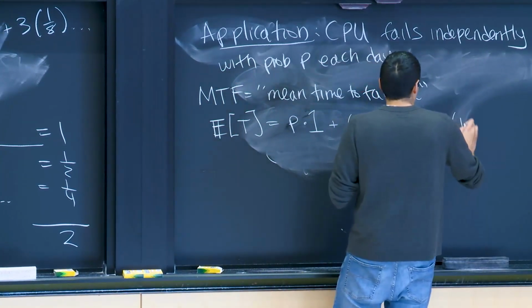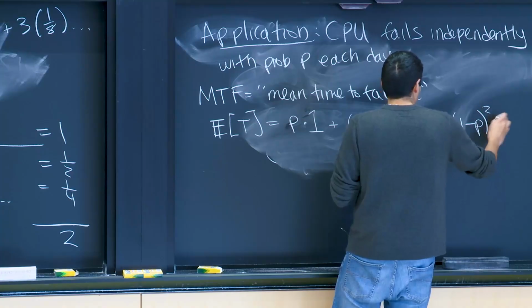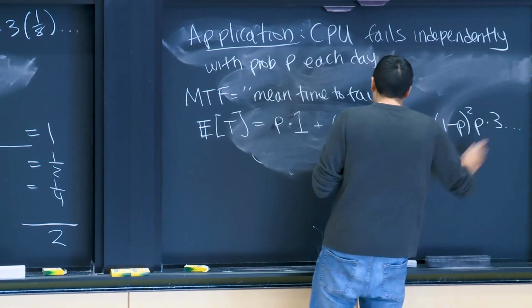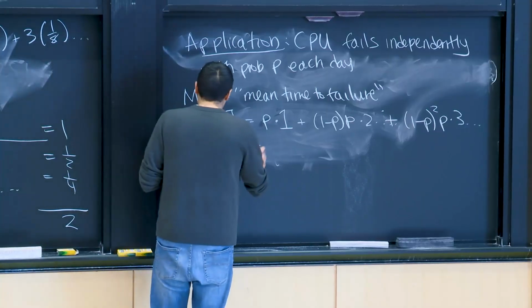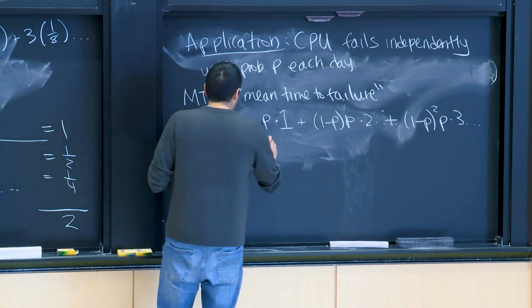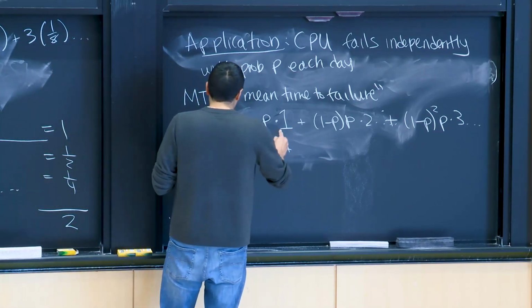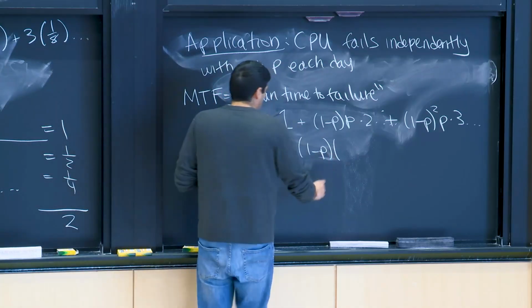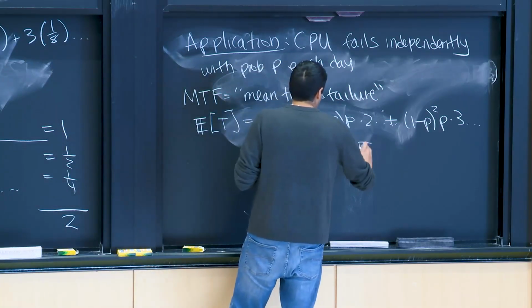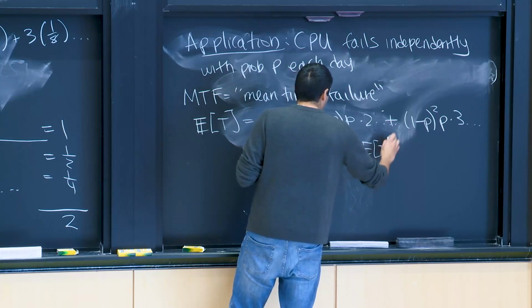Let's just do one more, 1 minus p squared times p that it happens on the third day. But there's a clever trick for doing this, which is that this is equal to p, from this first term, times 1 minus p times 1 plus the expectation of t.